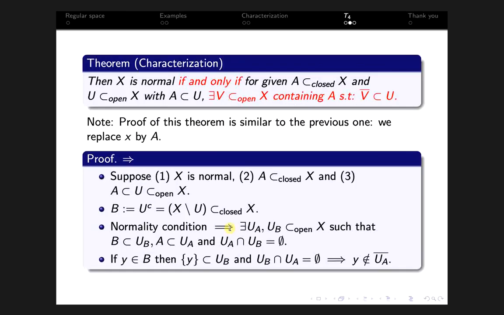So here again we have a characterization theorem for T4 or normal spaces.